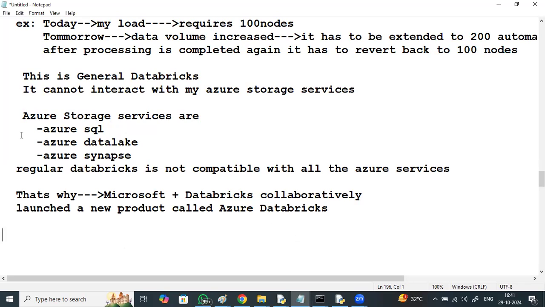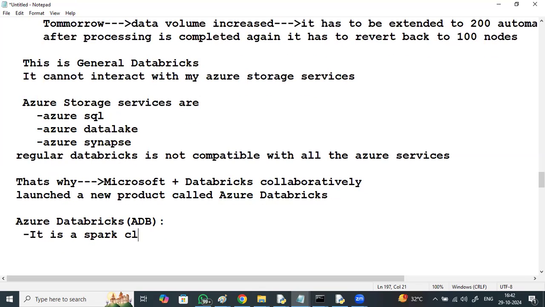What is Azure Databricks? It is a Spark cluster, right?